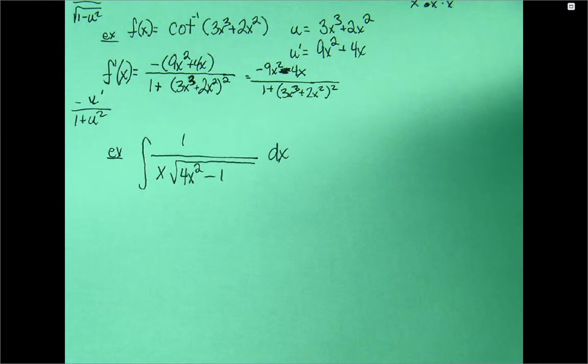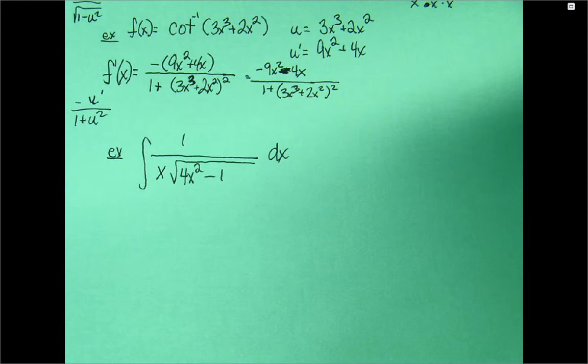This one's going to be an interesting one for you. Take a look at your rules. Whenever you see something like this, where it's something over x times the square root of something, instantly start thinking about arc sines, arc cosines, arc tangents.